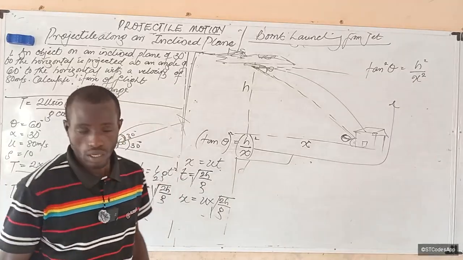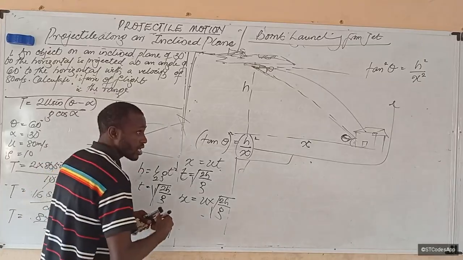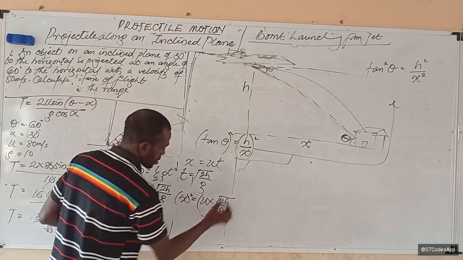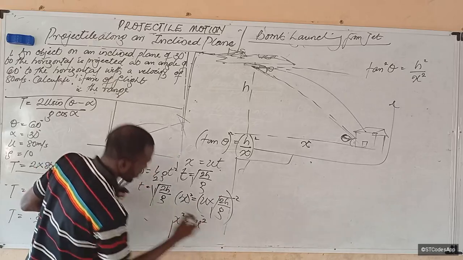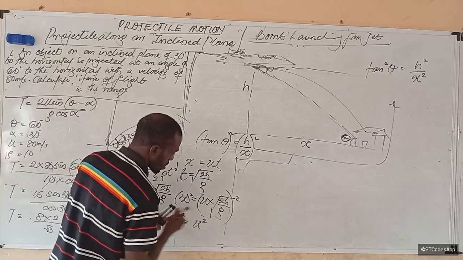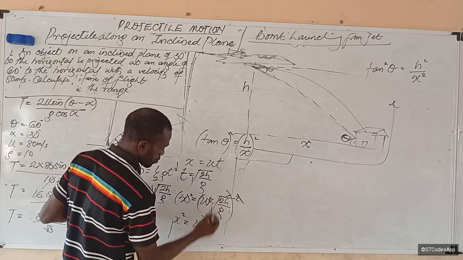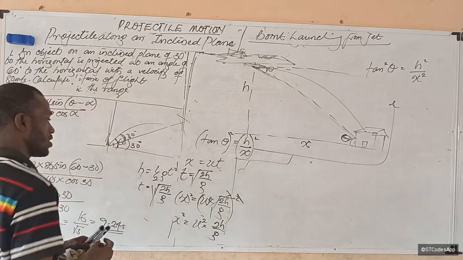So I can now square both sides here. If I square both sides, I will have this squared is equal to this squared. So I have x squared equal to u squared times, square cancels square root, u squared times 2h over g here. This is what I was looking for.